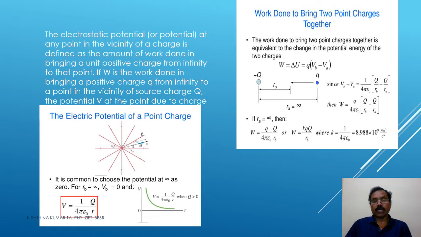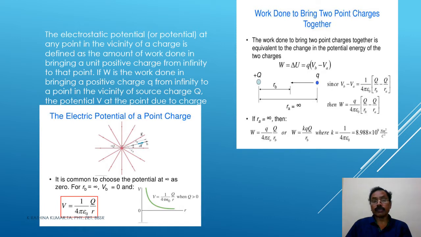Potential is work done by charge, or by mass if you are taking the case of bringing the mass of a body. If W is the work done in bringing the positive charge q from infinity to a point in the vicinity of the source charge Q, the potential at the point due to the charge will be equal to 1 by 4 pi epsilon naught Q by R.